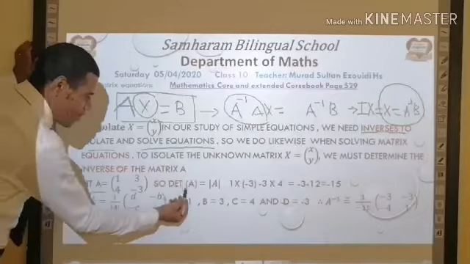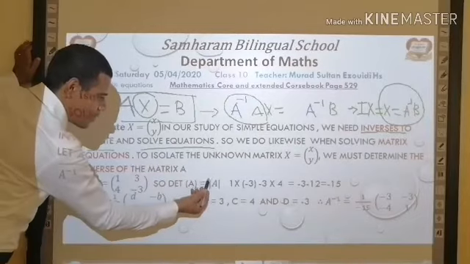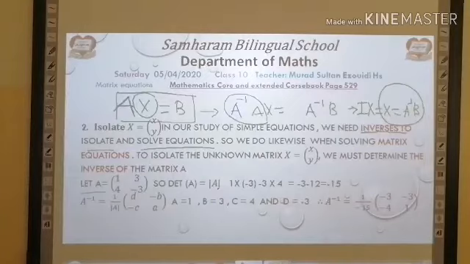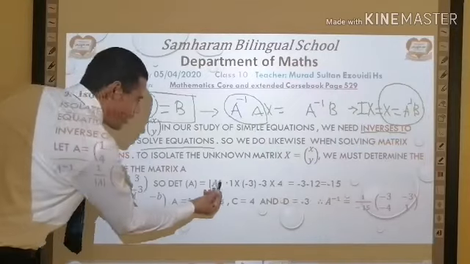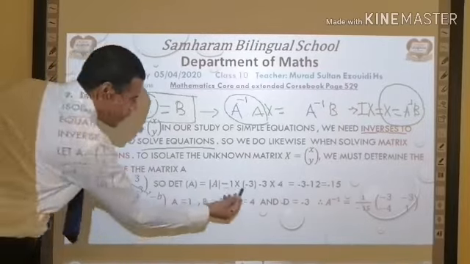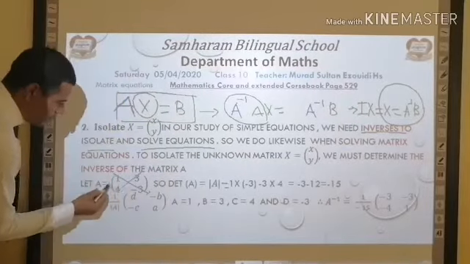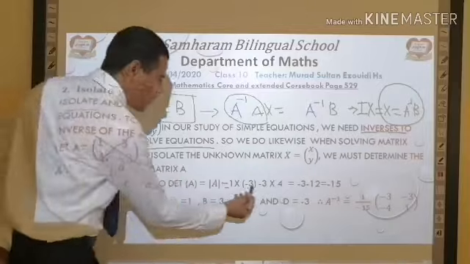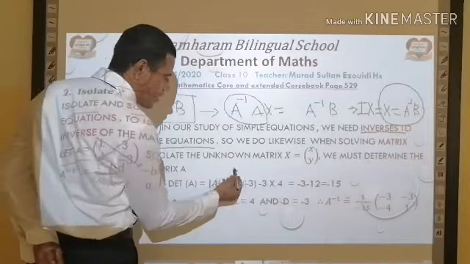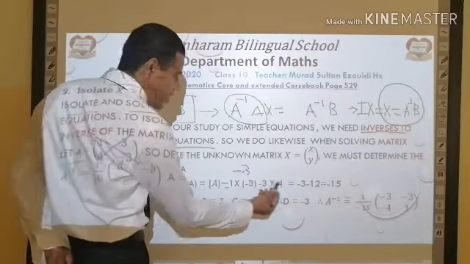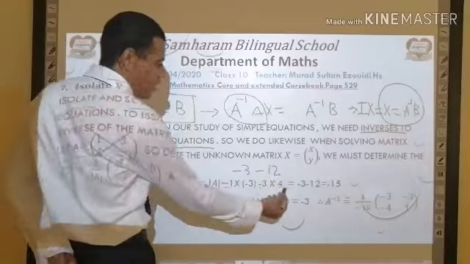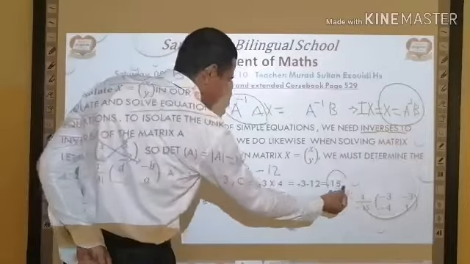The determinant of A, denoted by A inside the absolute value bars, equals 1 multiplied by negative 3 minus 3 multiplied by 4. 1 multiplied by negative 3 is negative 3, minus 3 by 4 is negative 12. So negative 3 minus 12 is negative 15.